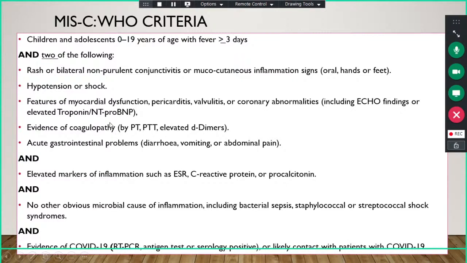Evidence of coagulopathy as indicated by PT, PTT and elevated D dimers, or acute gastrointestinal symptoms like diarrhea, vomiting or abdominal pain.